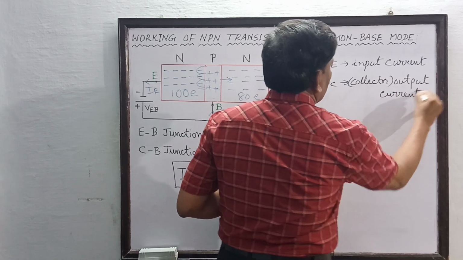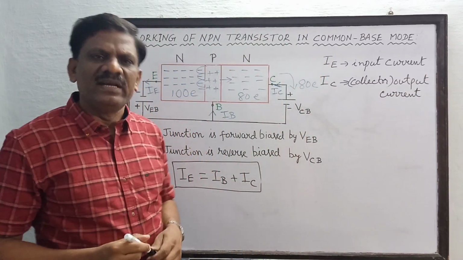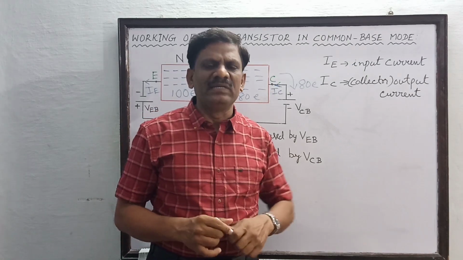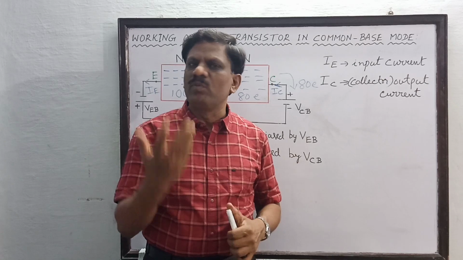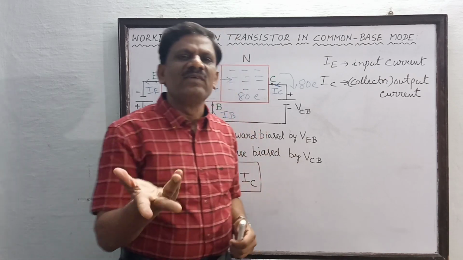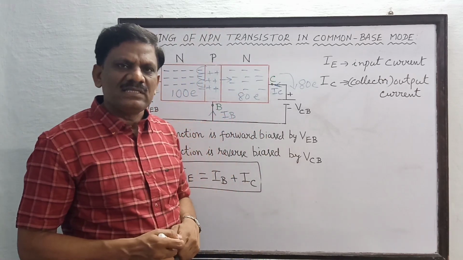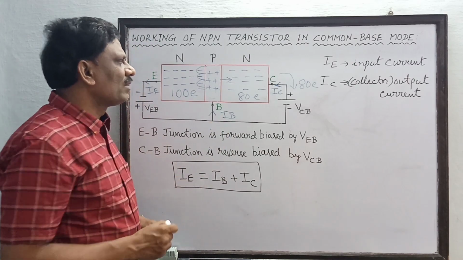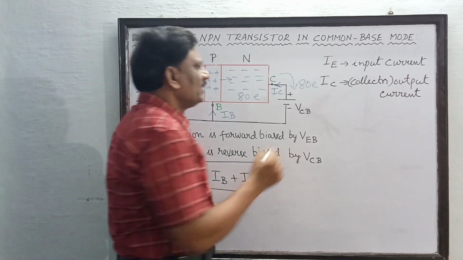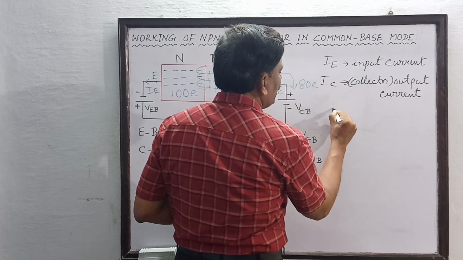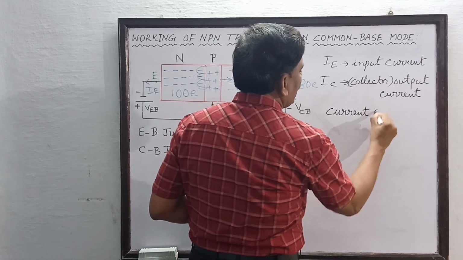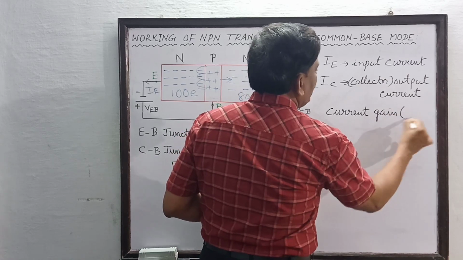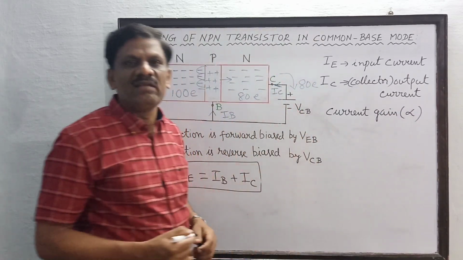For any transistor, we have already studied that there are three parameters or characteristics, namely the input impedance, output impedance and the forward current gain. Now in this block diagram, I will take the current gain, the forward current gain. In this case, the current gain is denoted by the symbol alpha.